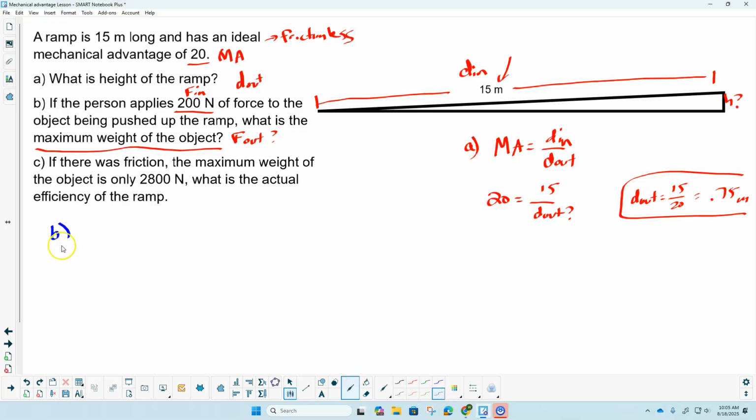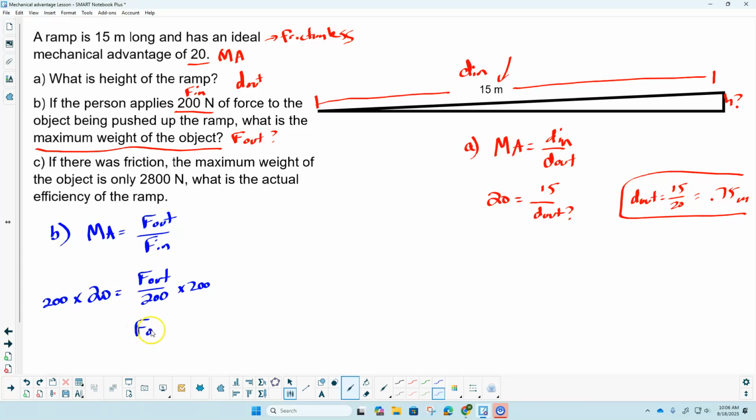For part B, our mechanical advantage is the output over the input for force. It's still 20. That hasn't changed. Our output force is what we're looking for, and our input force is 200. So we solve for the output by multiplying by 200 on both sides.